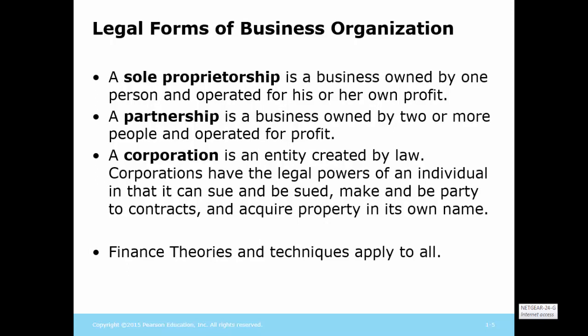There are three basic kinds of businesses. There's a sole proprietorship, a partnership, and a corporation. And I'm sure you've heard of all of those. A corporation is what we're going to concentrate on. And essentially, a corporation is a person. They can do anything that you and I can do, with the exception of vote.